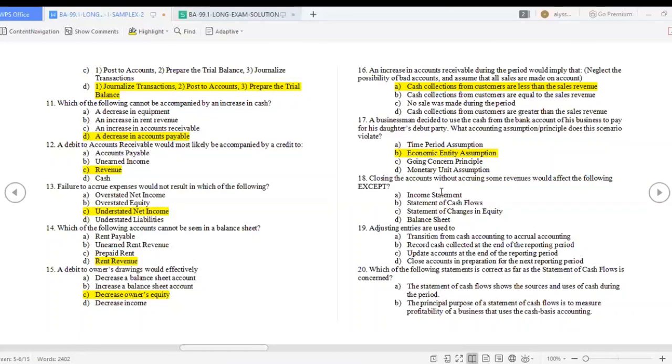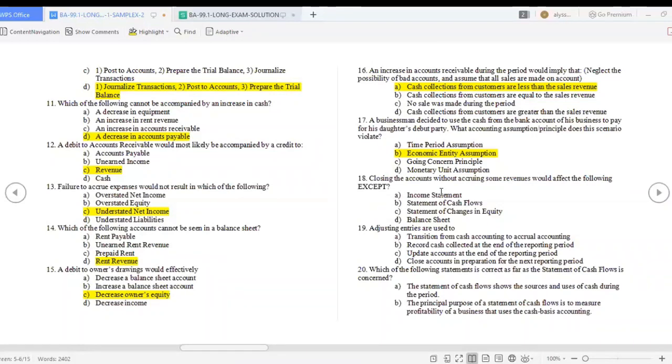Let's go to letter B. So, statement of cash flow. So, since hindi ka nag-accrue ng revenue, hindi na-affect yung cash flow since yung cash flow, yung concept niya is that it traces transactions with cash. So, it does not affect statement of cash flows.